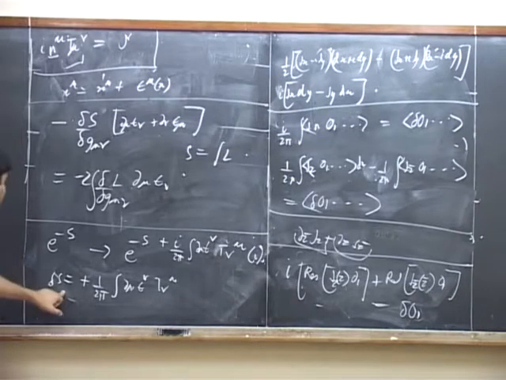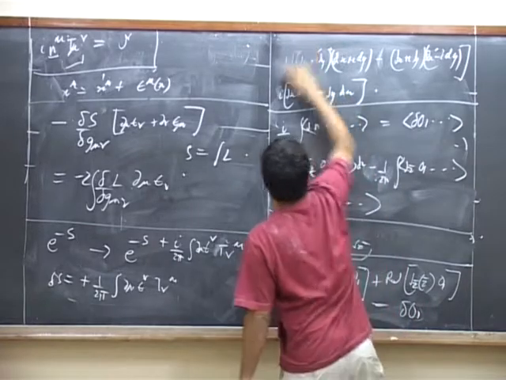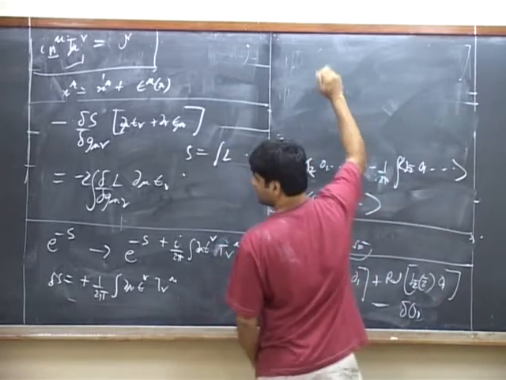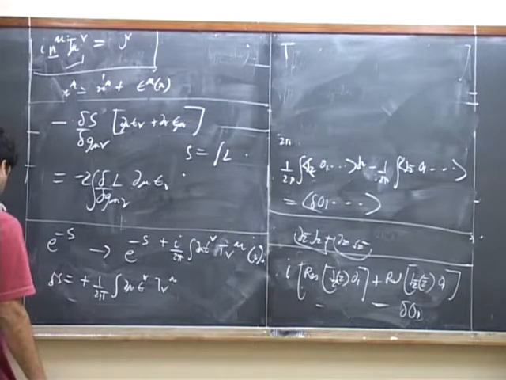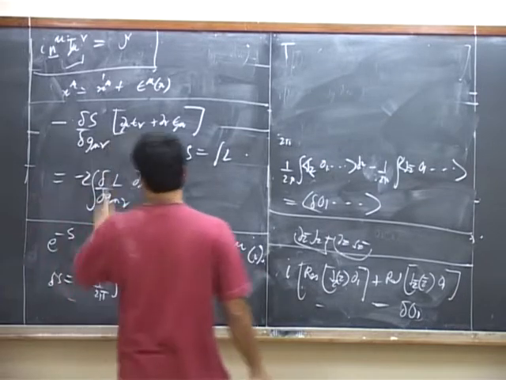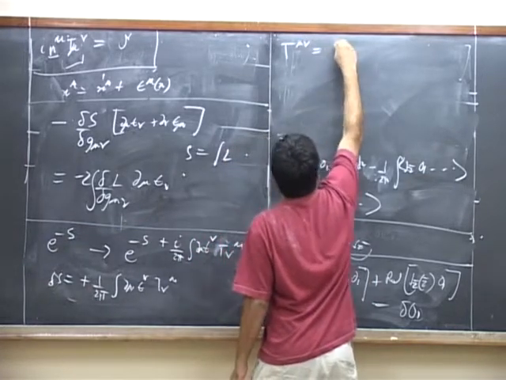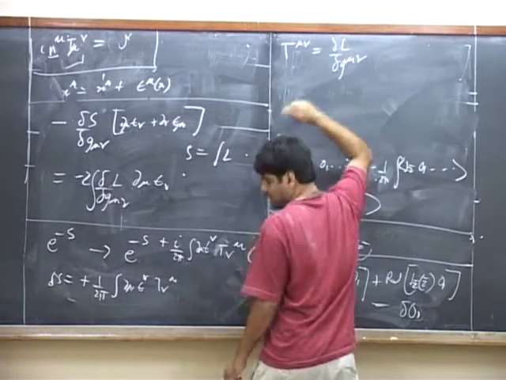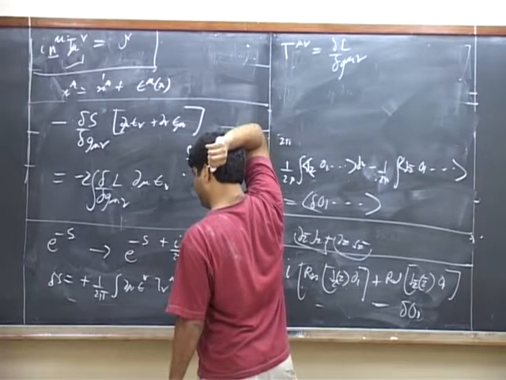But we've seen the delta S is minus of this, and so we conclude that T, and of course we can raise and lower indices at will, so T mu nu is equal to del L by delta G mu nu times minus 4 pi.